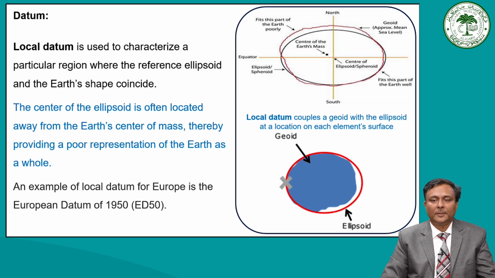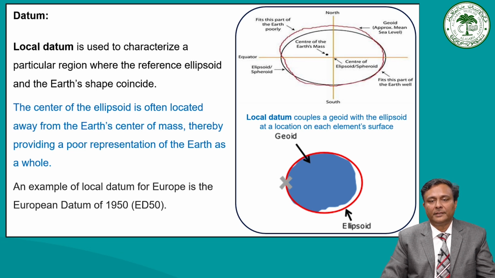A local datum couples a geoid with the ellipsoid at a location on each element's surface. So local datum is used to characterize a particular region where the reference ellipsoid and the Earth's shape coincide.